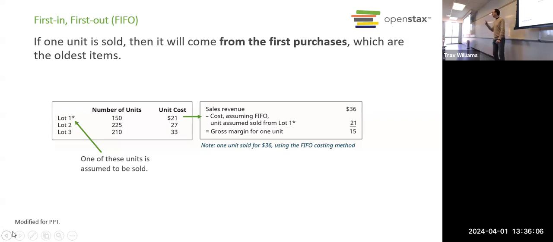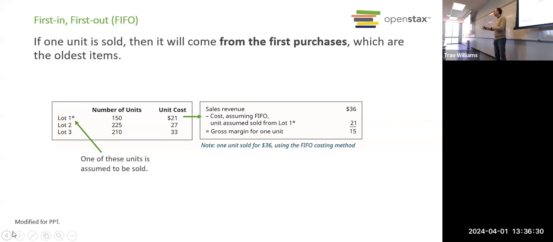So you see how, if you can choose which method, and you do get to choose which method as an accounting department, do you want to use LIFO, FIFO, weighted average, or specific identification? By making that choice, you can make your company look more profitable or less profitable, at least temporarily.